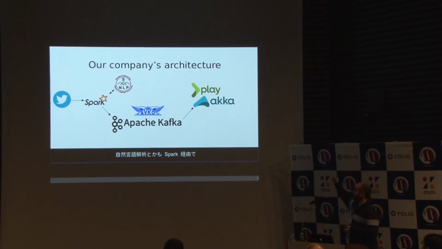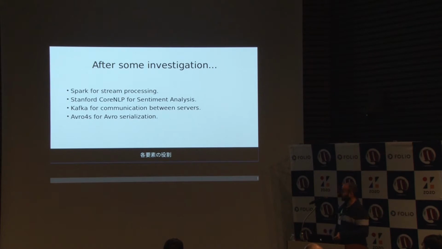And then we will have to send the results to Kafka, and it will be read by a Play application that will show on a front end, on a map, what is being said about Trump.